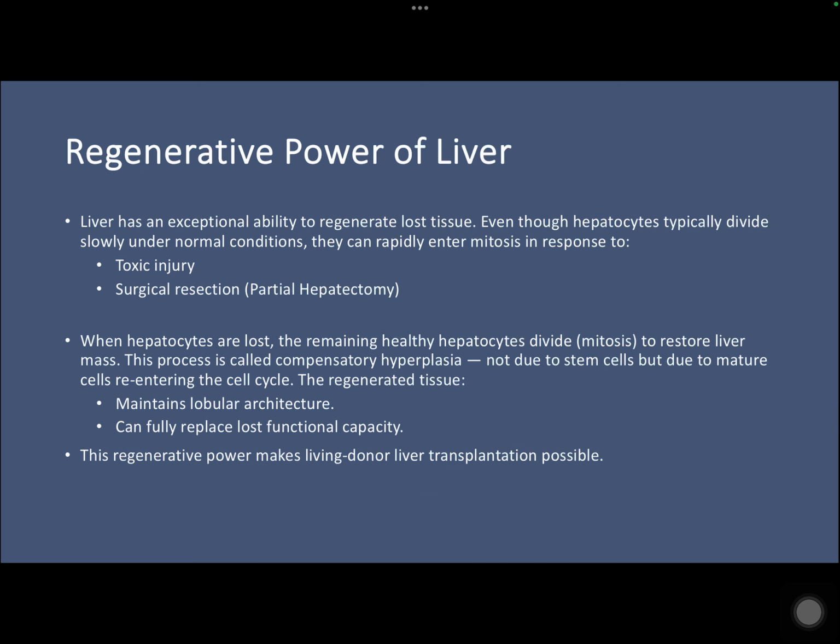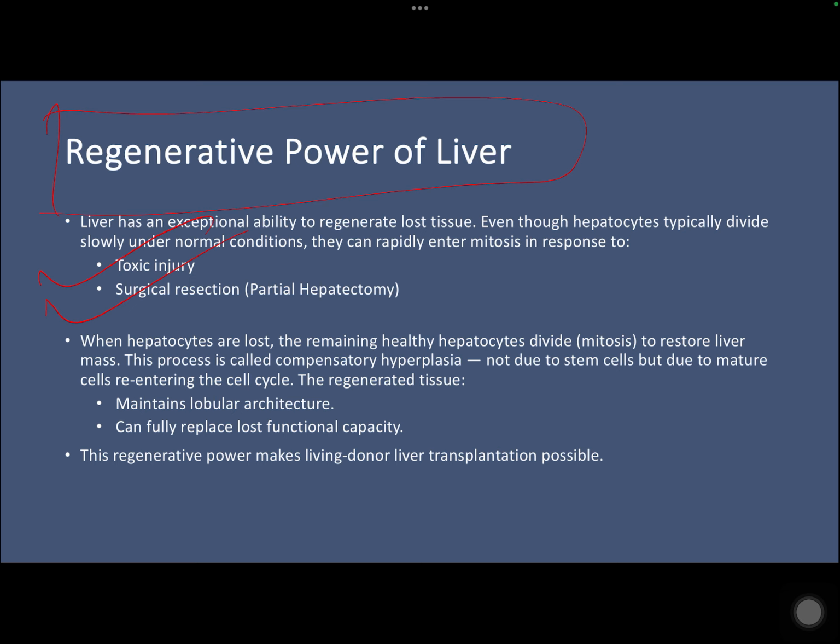Okay, next. One more important thing related to the liver is the regenerative power of the liver. The Almighty has given the liver a power of regeneration. That means when liver tissue is lost, for example due to toxic injury or surgical resection, that part of the liver then gets regenerated.